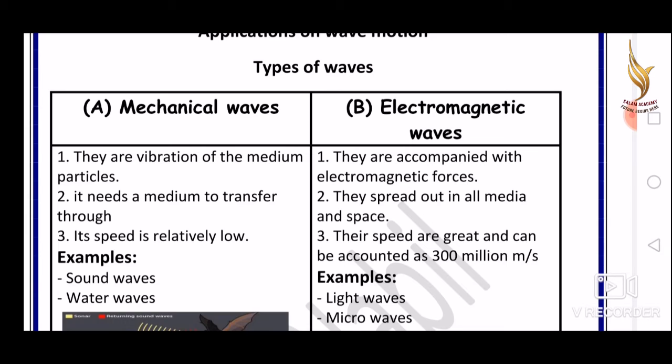Because sound is from mechanical waves, and mechanical waves need a medium to transfer through. So mechanical waves like sound waves don't travel through space, and their speed is relatively low.